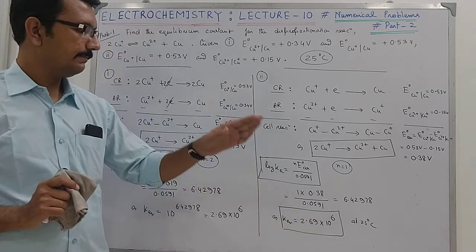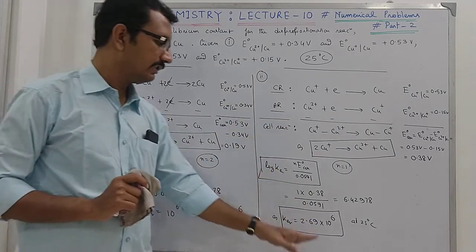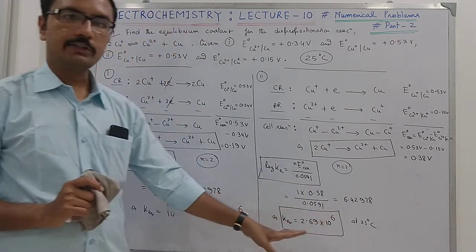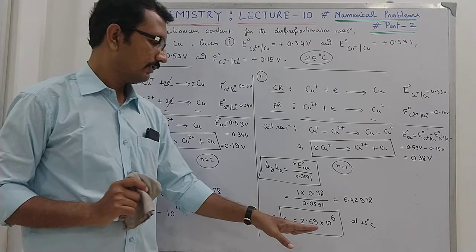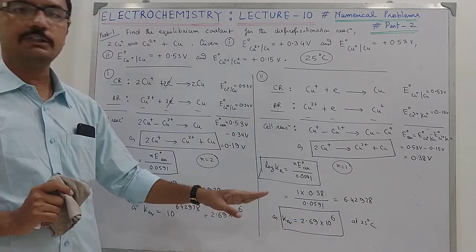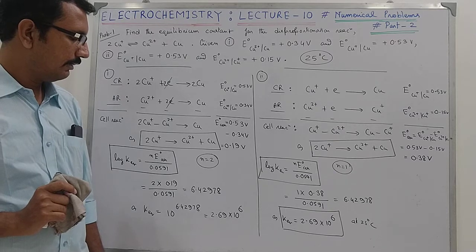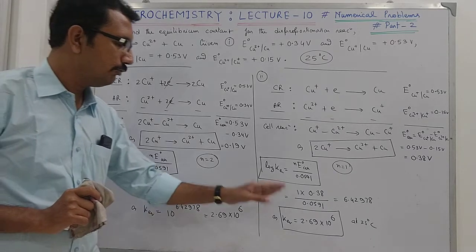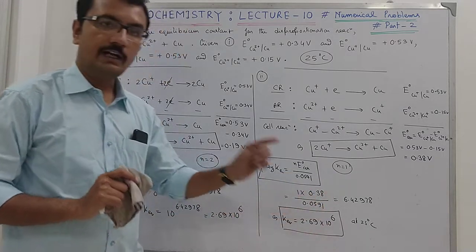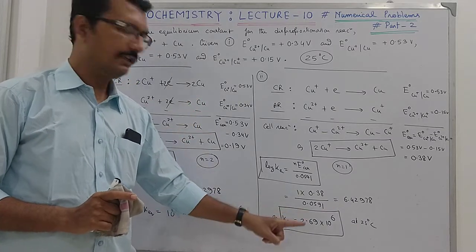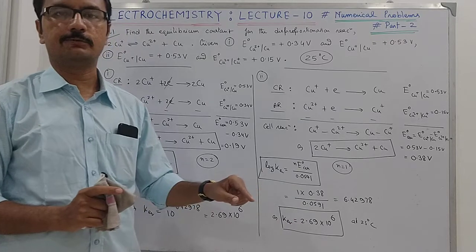I am repeatedly saying that I am thinking on the fly. I may be incorrect while carrying out the calculations, but my procedures are correct. Obviously, there are no errors within the procedures. So, the value obtained is 2.69 into 10 to the power 6. I am requesting you to focus on the value. What extra information is it giving you?